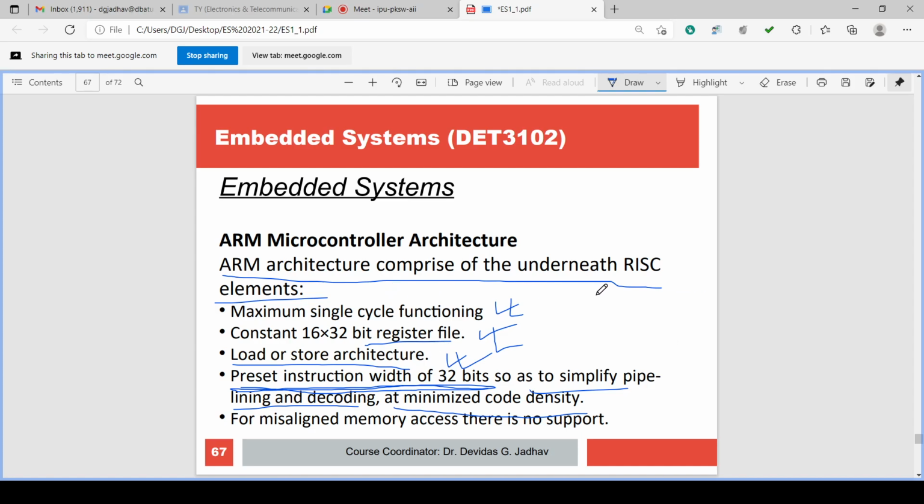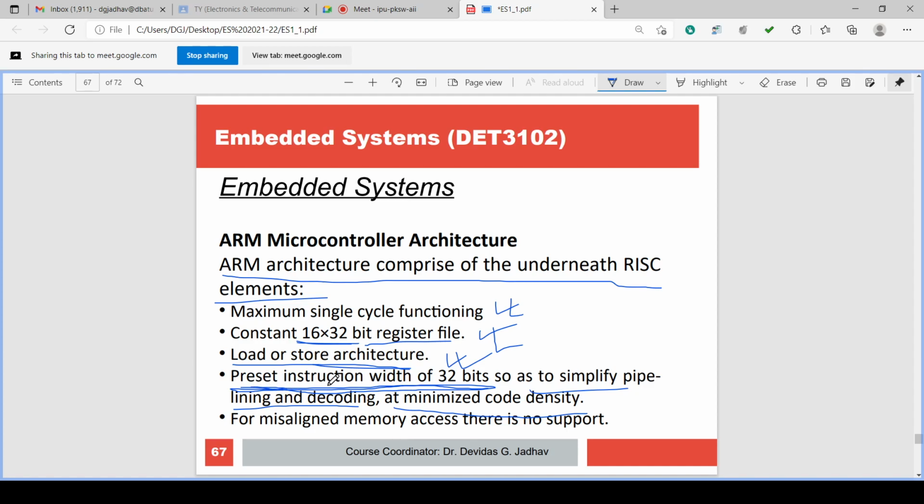So ARM architecture comprises of the following RISC elements. Maximum single cycle functioning, because RISC is a single cycle function. A constant 16 by 32-bit register file is there, which means volatility is not there. It is a load store architecture.